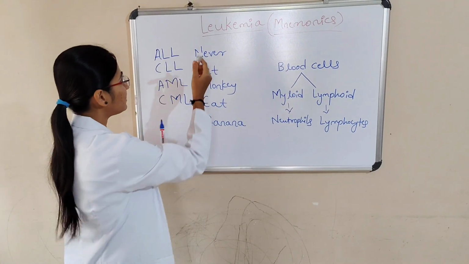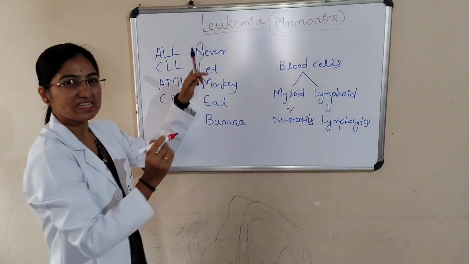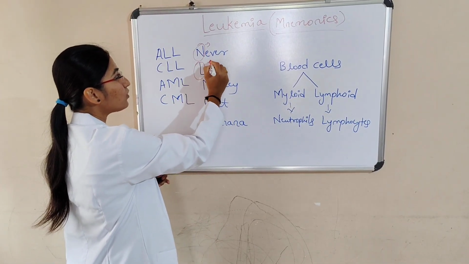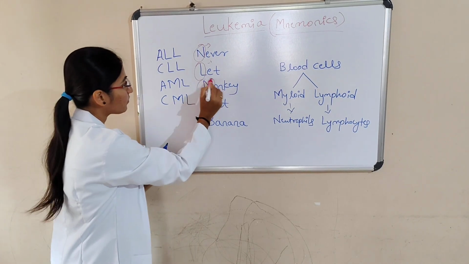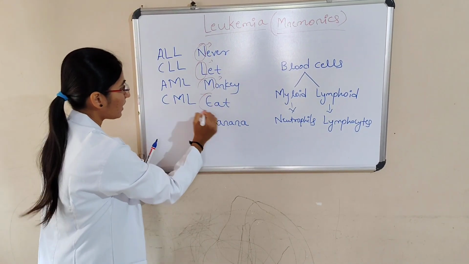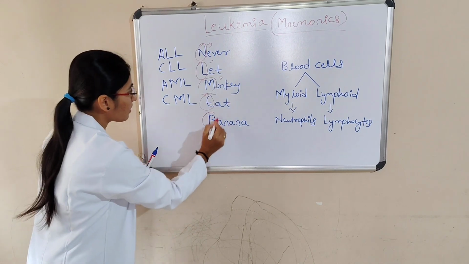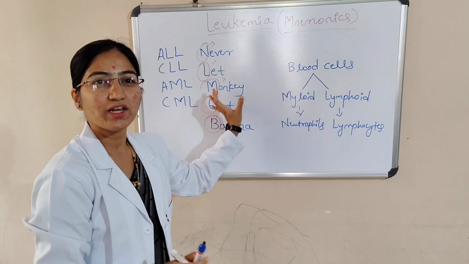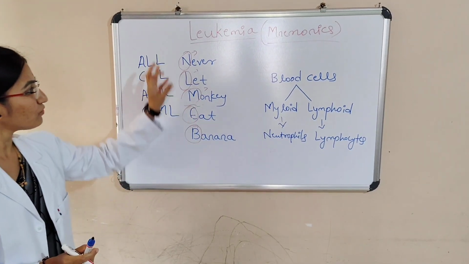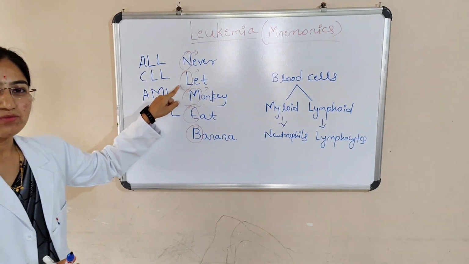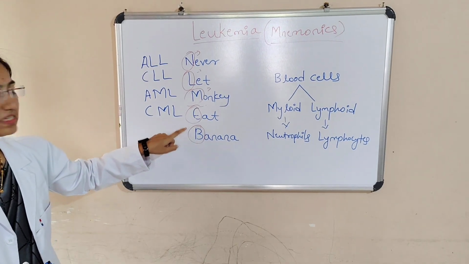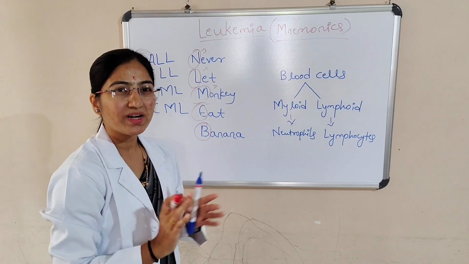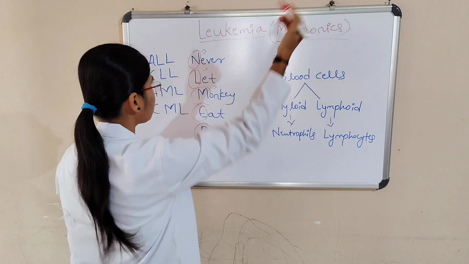Here this letter N stands for neutrophils, L for lymphocytes, M for monocytes, E for eosinophils, B for basophils. Now we'll see the value of these neutrophils, lymphocytes, monocytes, eosinophils and basophils. These are not the exact values, but these are the rounded values.